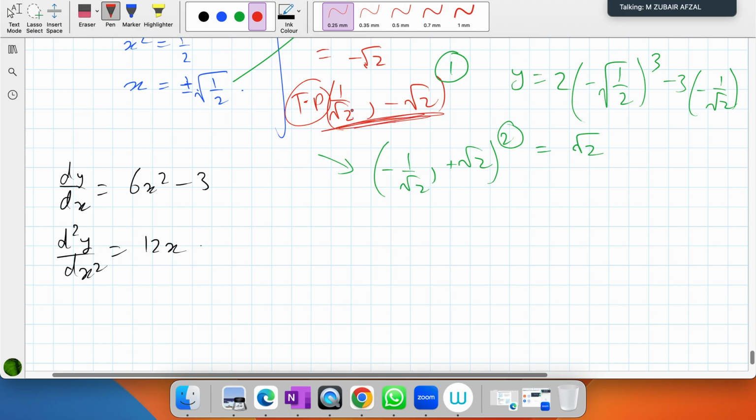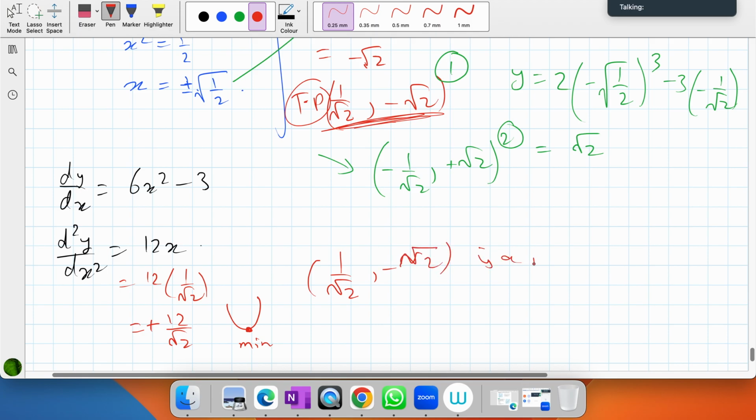So for the first point, when it is 12 into 1 by square root 2, now we are not concerned with the value, we are only concerned if it is positive or negative. So this is positive. Positive means a smiley face. Smiley face means it is a minimum point. So I will say that 1 by square root 2 comma minus square root 2 is a minimum point.